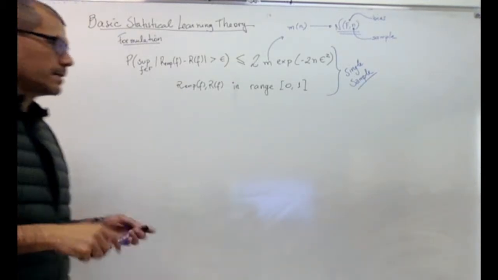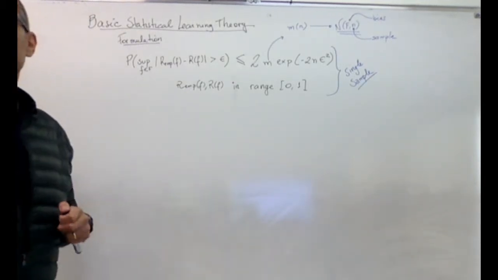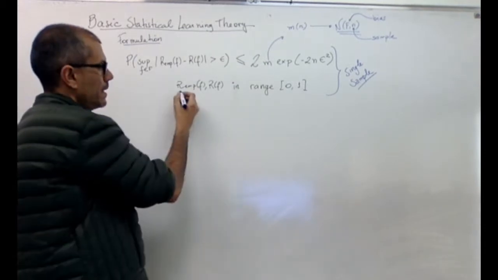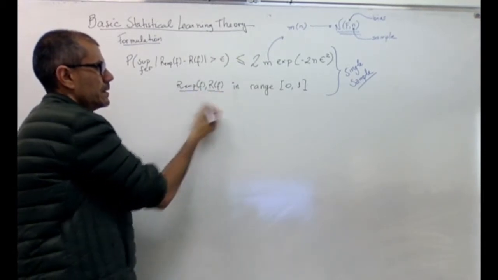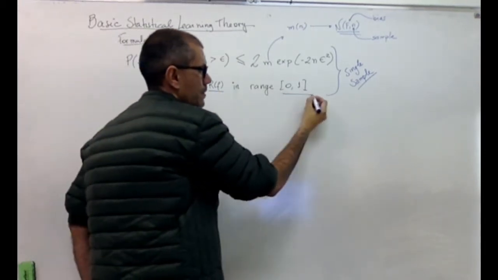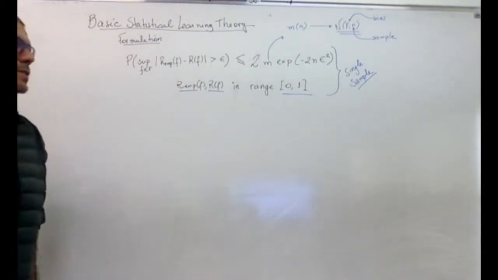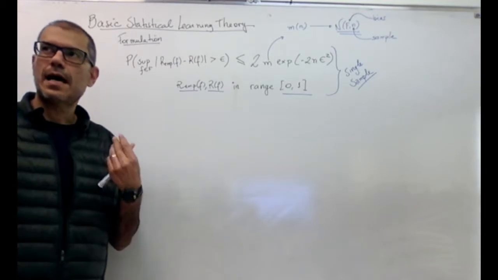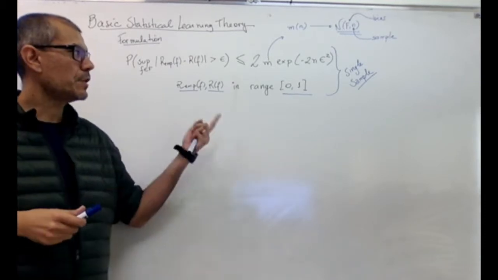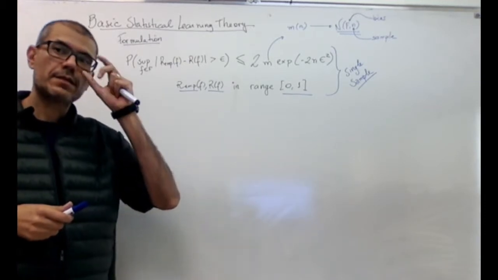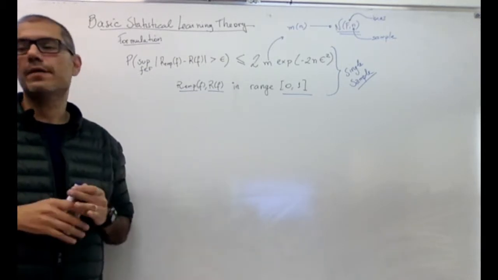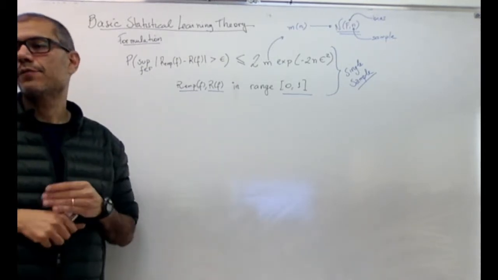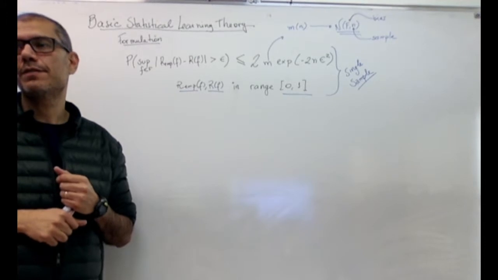Just to remember again, I said in the first lecture that all the risks must be in the range 0 to 1. It's impossible to deal with risks outside that range with this formulation. We can adapt it to work with a different range. It's possible, it's not difficult.